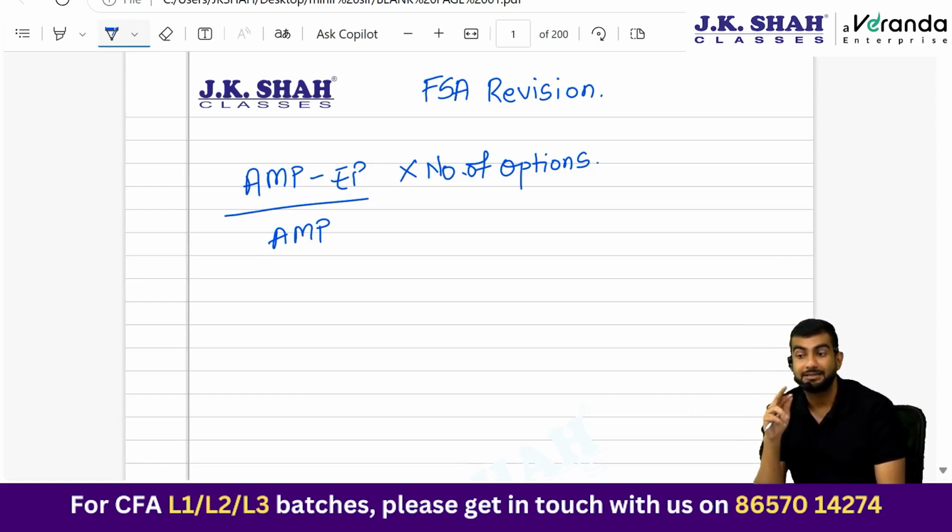Then this thing, expensing versus capitalization, you remember it has implication on ratios. What we have observed in FSA is that a lot of ratio based questions could be tested, because any accounting treatment that you do ultimately has implication on ratios. Just to give you an example, net profit margin will be higher in capitalization in the first year because all your expenses are getting added to the cost of asset.